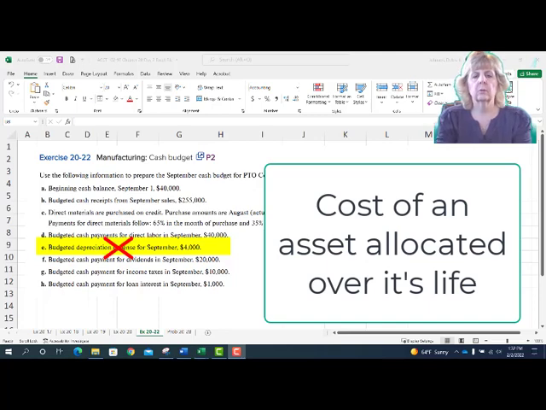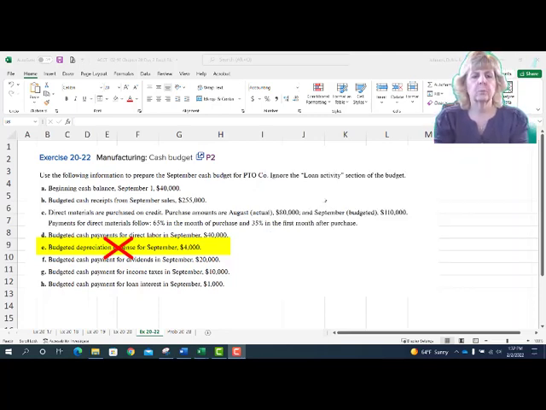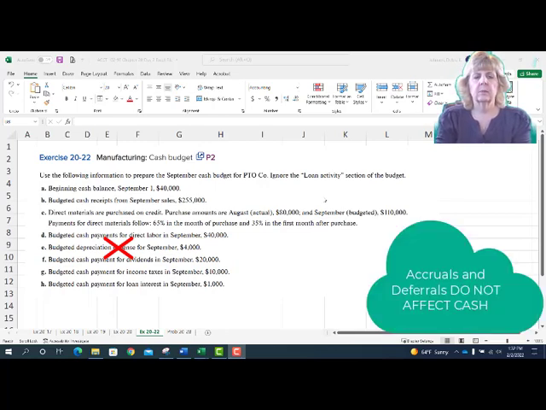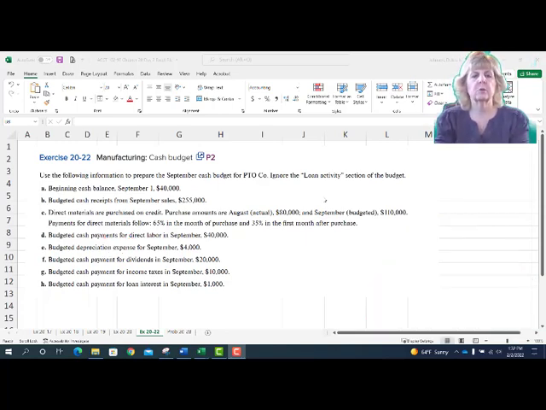It is not relevant for a cash payments budget. Actually, this is a cash budget in general that the author is asking you to do. So once again, if you see some type of an accrual or deferral like depreciation that does not involve cash, you would ignore it or omit it from the cash budget.